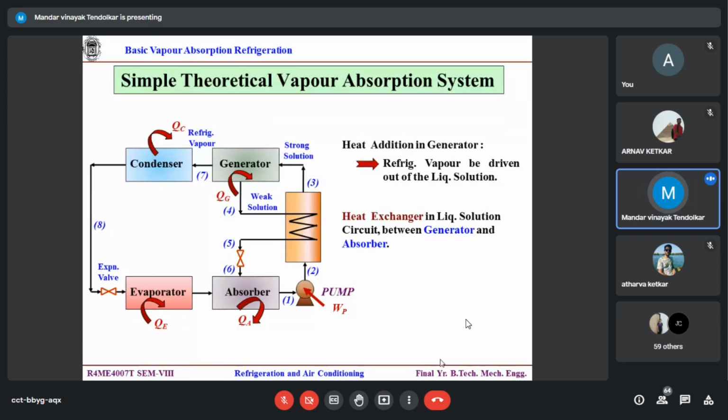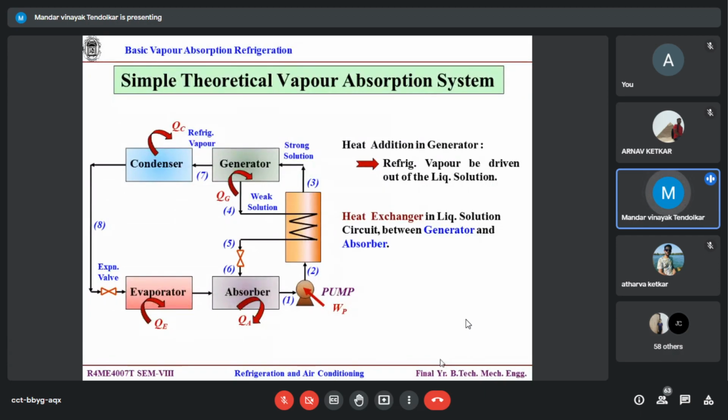Naturally, there are temperature differences because there you are adding the heat. So your weak solution is at higher temperature and this pump solution is at lower temperature. So heat transfer happens in the process itself. No separate heat to be supplied.